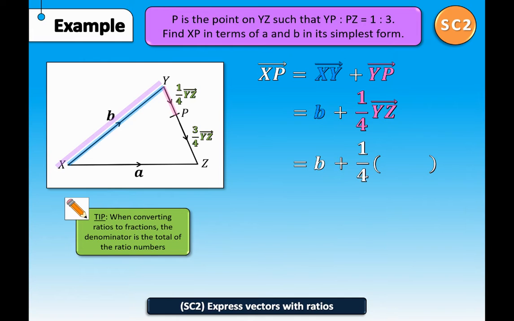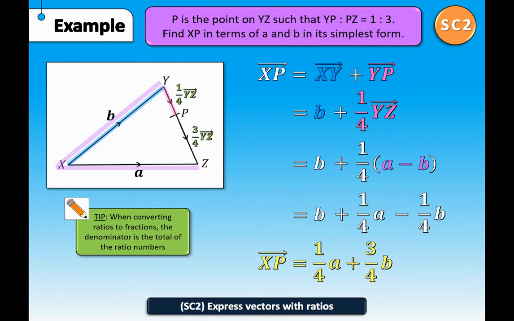So to go from Y to Z, we go from Y to X, and then from X to Z. So that's minus B plus A, or A minus B. Again, expand the bracket, so times A and minus B by 1/4, and then simplify. So X to P is 1/4 of A plus 3/4 of B.